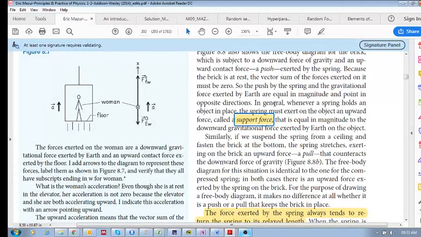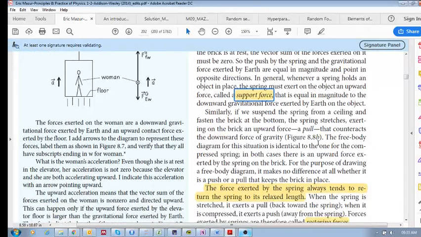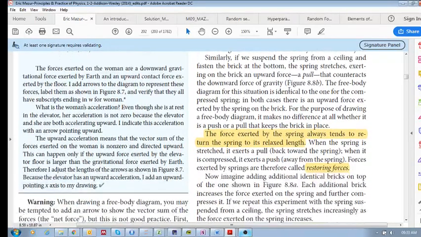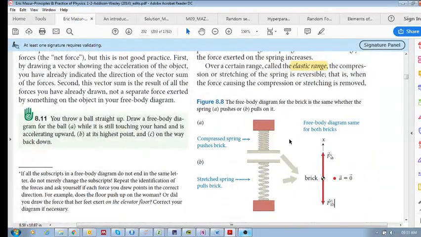We'll see a bit later how this actually applies to everyday things. So here we had the spring on the floor, and then we had the brick resting on the spring. The spring applies a support force to counteract the gravitational force, and it's in equilibrium.